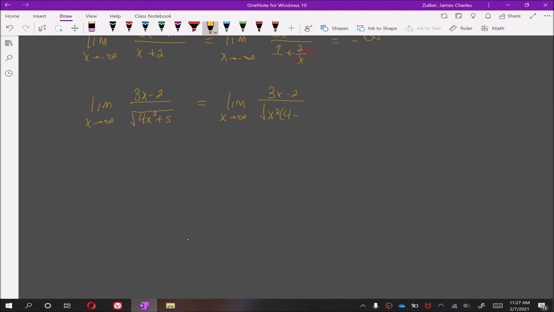We're left with 4 plus 5 over x squared. Now we can take out a square root of x squared, and the square root of x squared is the absolute value of x. So now what we're dividing by is an absolute value of x.